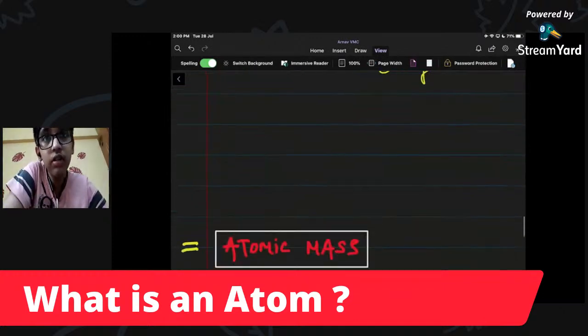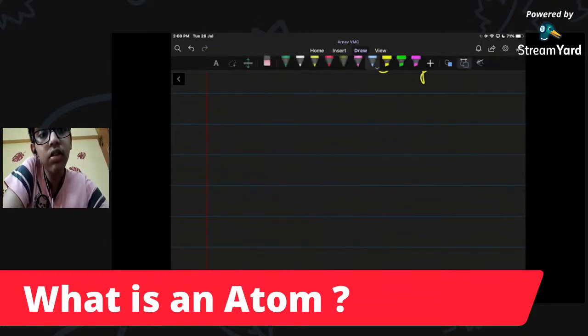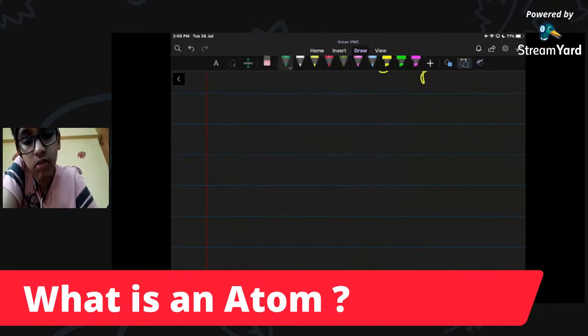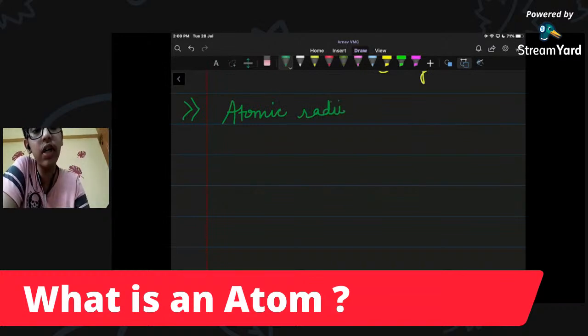Third point, let me create some more space. Now, atomic radii. What is the meaning of atomic radii?